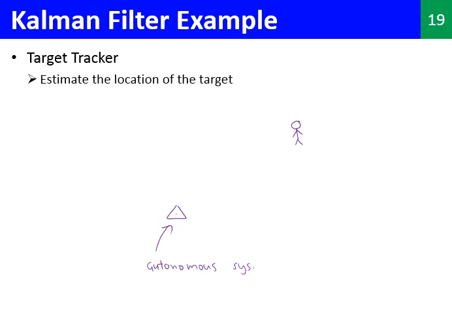We can have a coordinate frame like this. For simplicity, let's assume we are dealing with 2D. So these coordinates are x, y. So we need to estimate x and y.